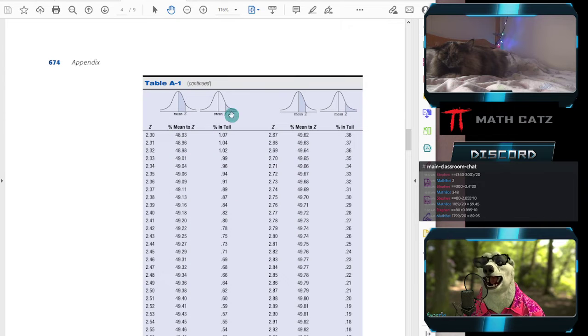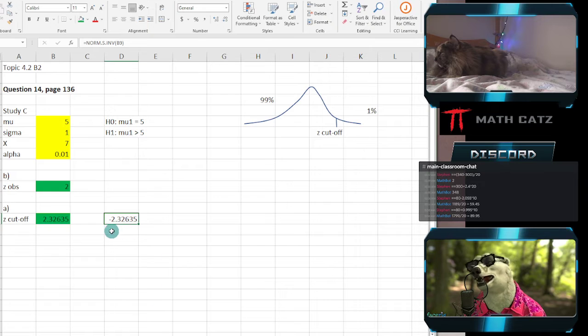Unlike our table here, we're always going to have the left side of it. But that's not a big deal. Then I just drop the negative. It's exactly the same absolute value, right? So you don't have to do much. Just remember what the function does. It's always looking for the left side of the cutoff line.